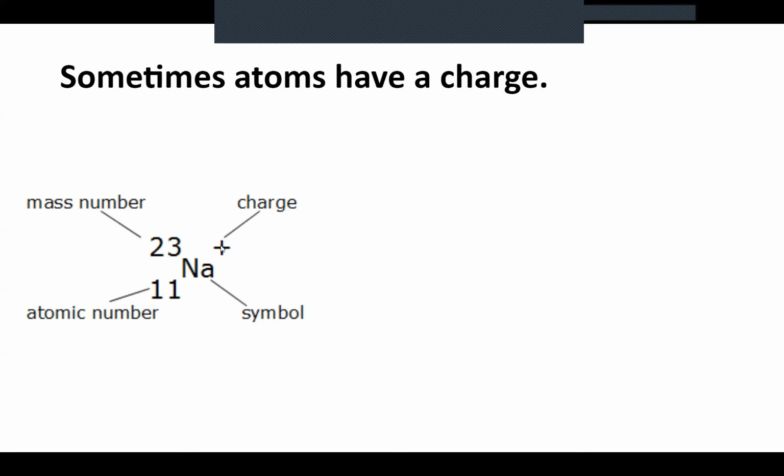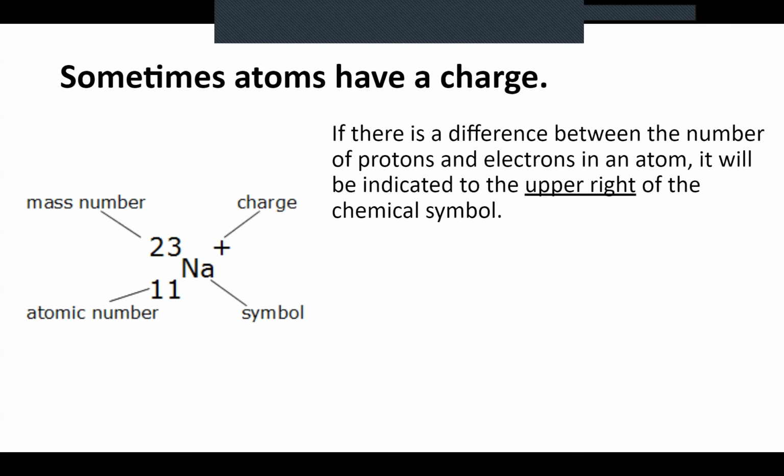Furthermore, if there's a charge written to the upper right of the chemical symbol, it's going to be either plus or minus, or it might be +2, which means the difference between protons and electrons is 2, not just 1, or +3 if the difference is 3, or +4, although you'd almost never see that. You could also have charges of -2 or -3. When the difference is more than 1, you put the number after the plus or the minus. So if there's a difference between protons and electrons, it will be indicated to the upper right of the chemical symbol.